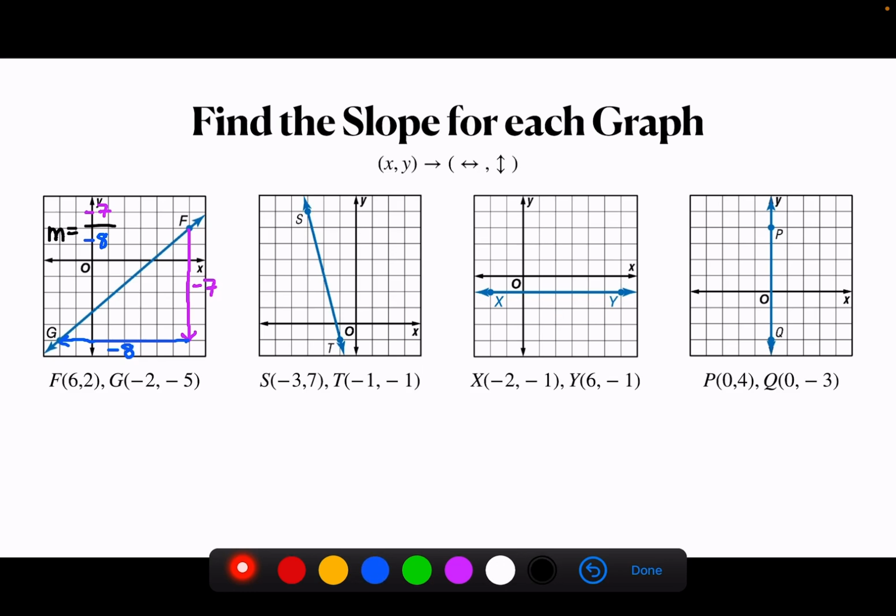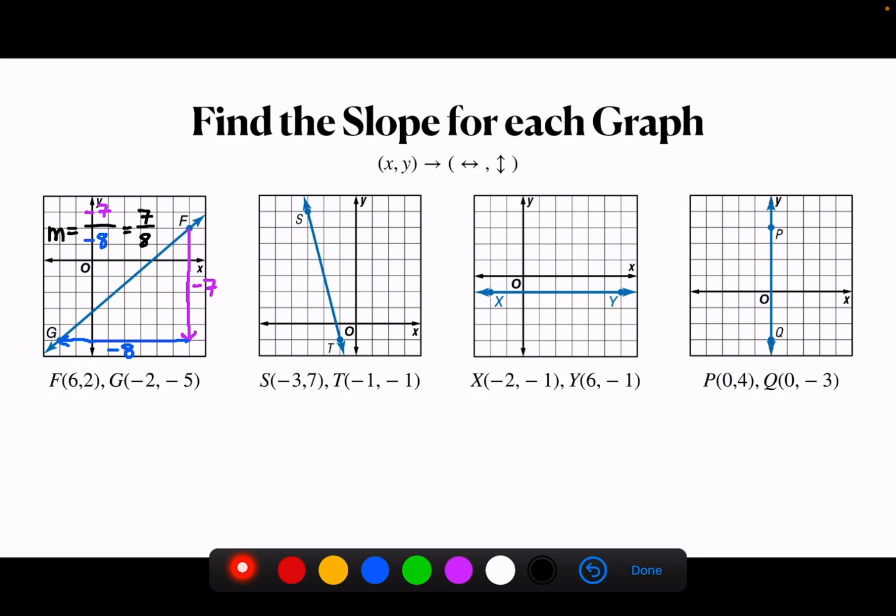And we are going to simplify this by saying a negative divided by a negative gives us a positive, so our final slope is 7/8. Don't change it into a decimal. The decimal won't tell you anything.